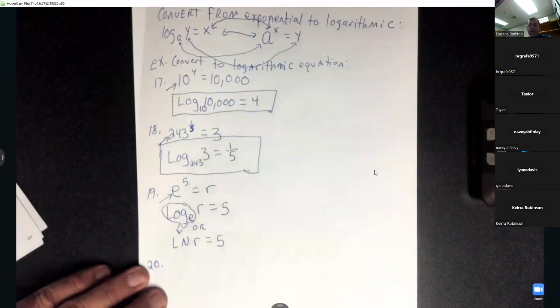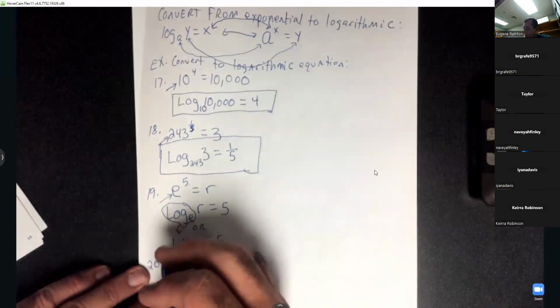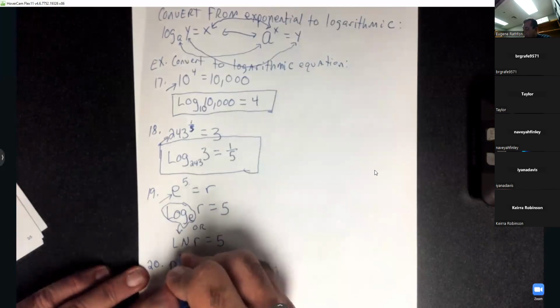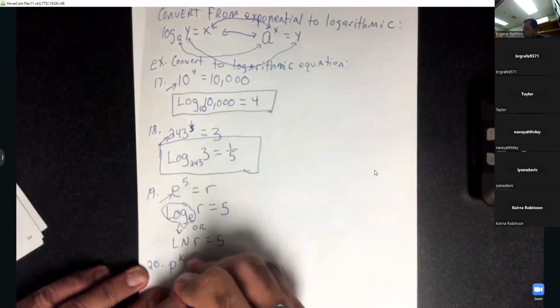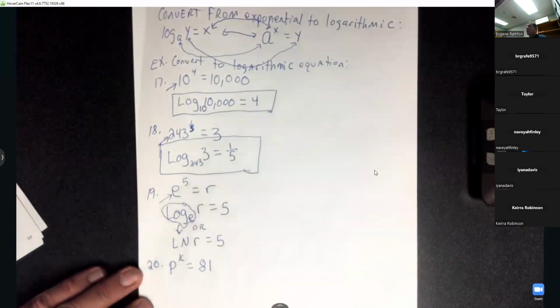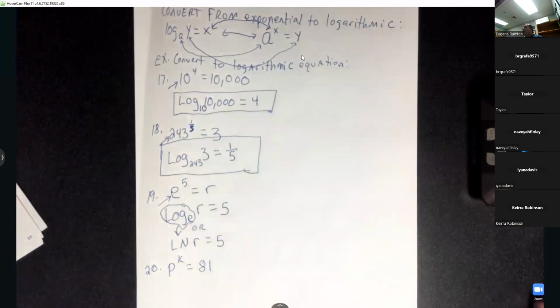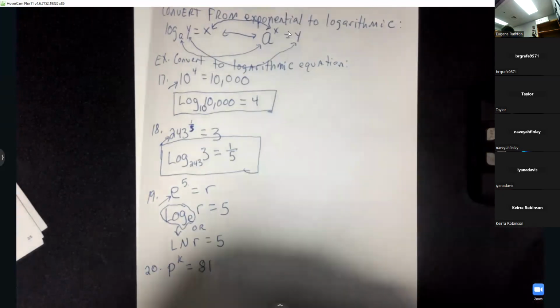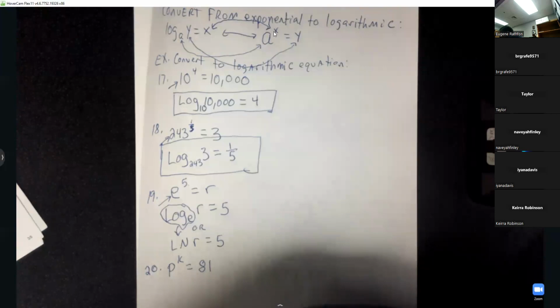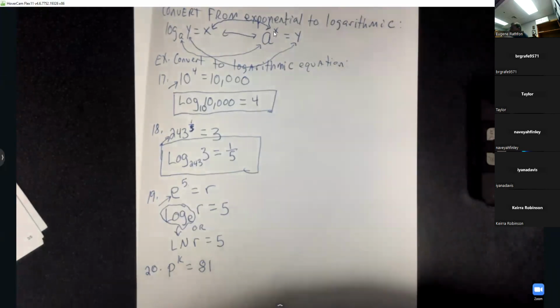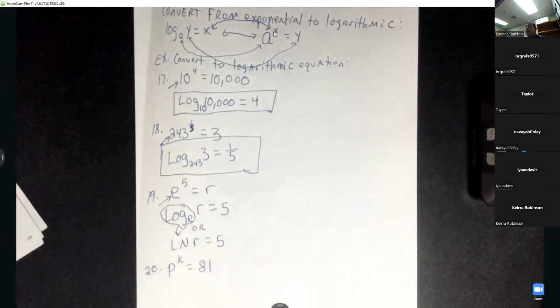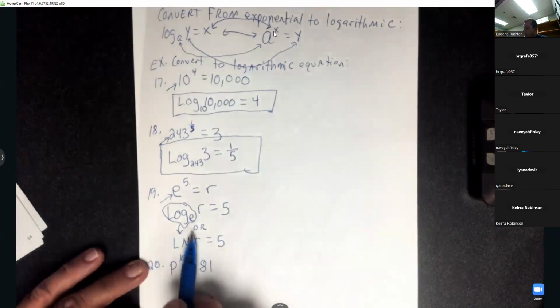So y'all, I'm gonna let y'all try this one. This is number 20. I got p to the k equals 81. So someone's asking me on this one, which one would MATLAB want?